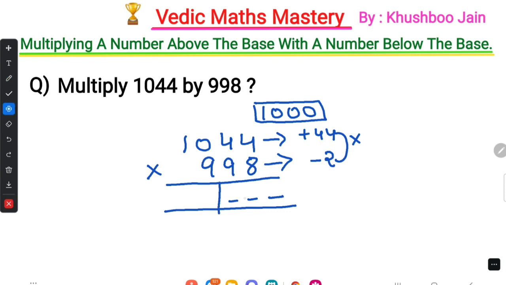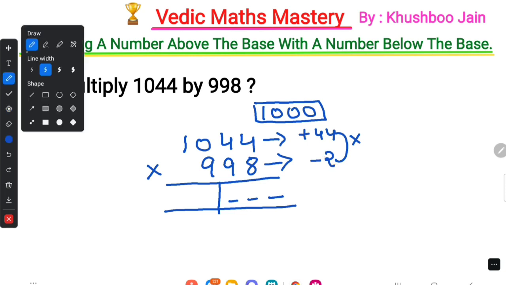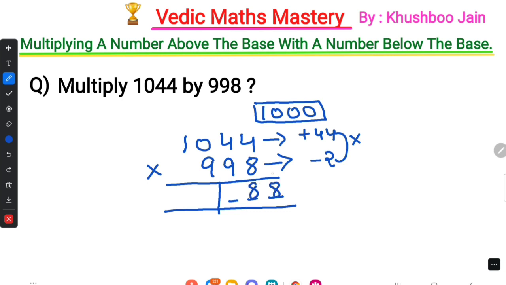For the right hand side part, there are three zeros in the base, so we have to put three dashes. Now the product of the differences is minus 88, since plus times minus is minus. So we just write 88, but we have to put 0 and fill the three boxes, the three dashes. So minus 088. We'll write it like this. So the right hand side part is already completed.